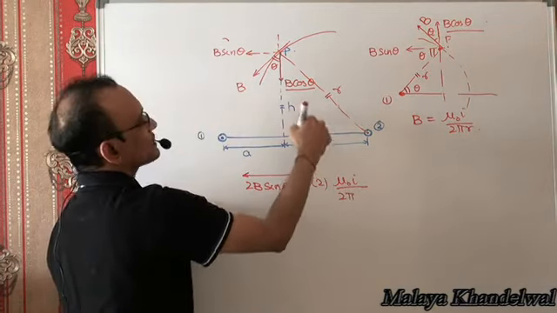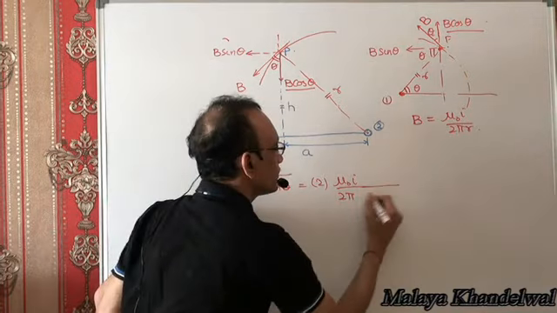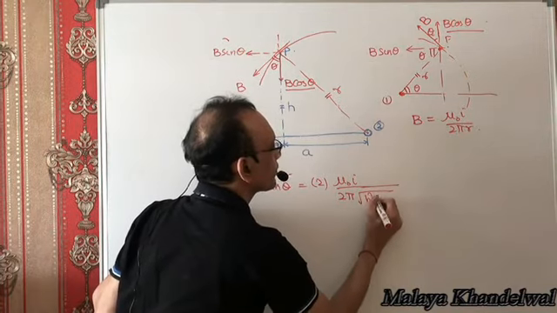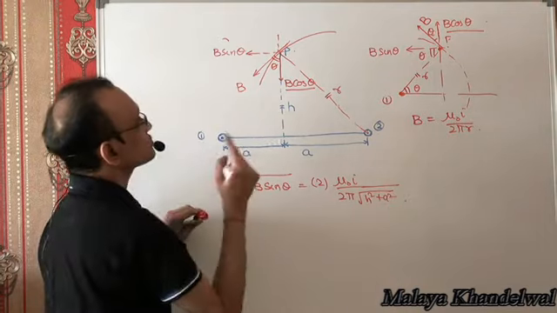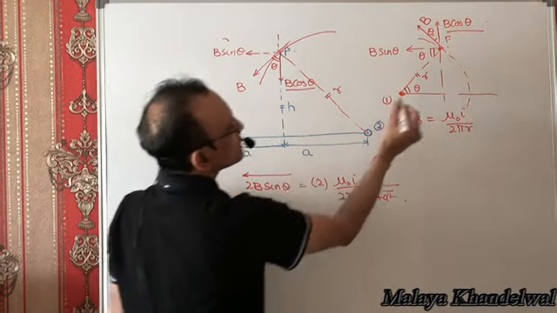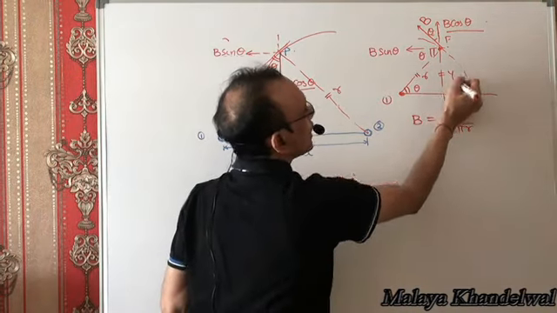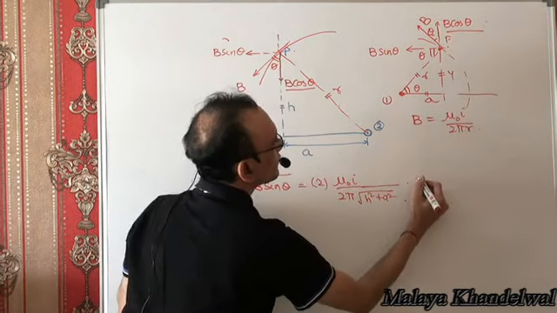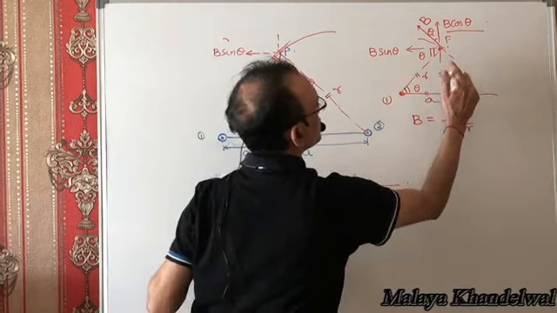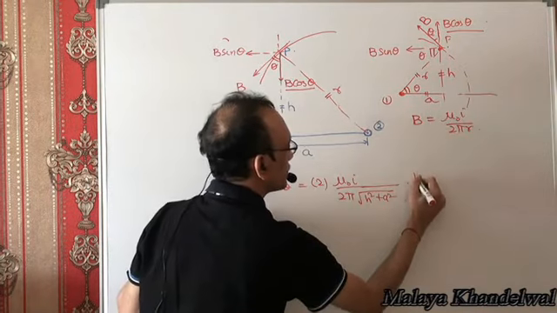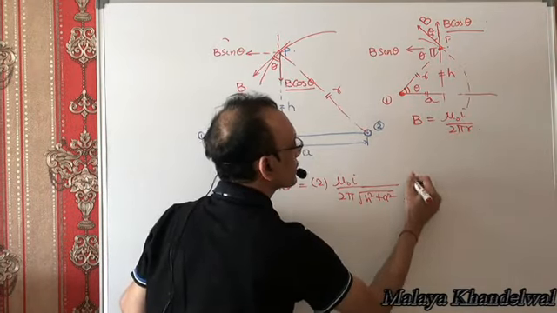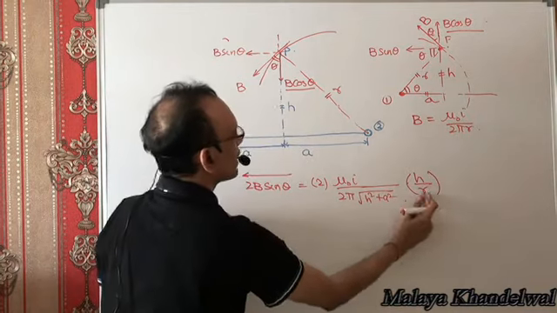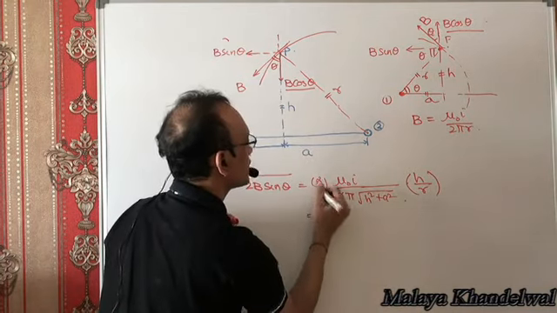What is r? r is root h square plus a square, into sin theta. What's theta? Theta is this. So this is h, this is a. Sin theta is very clearly h by r. h by r, r again could be root h square plus a square, so this will get cancelled.